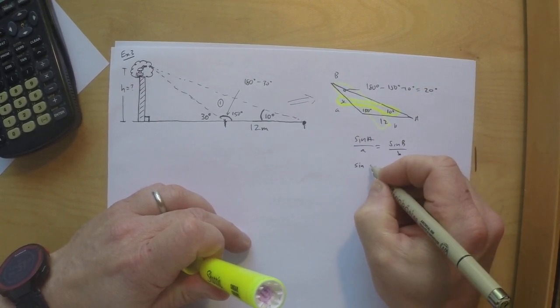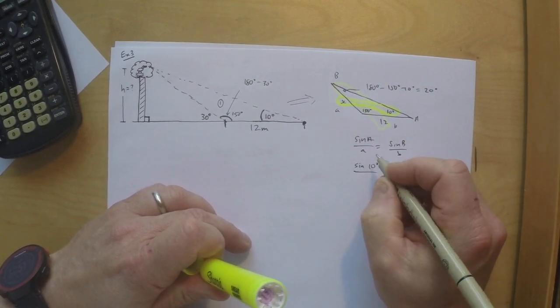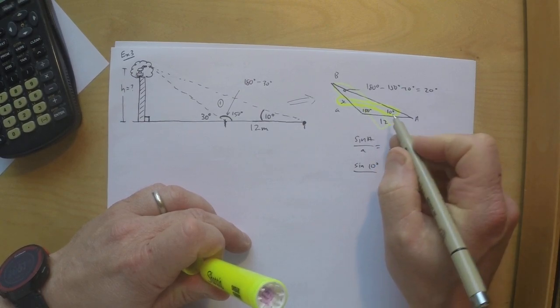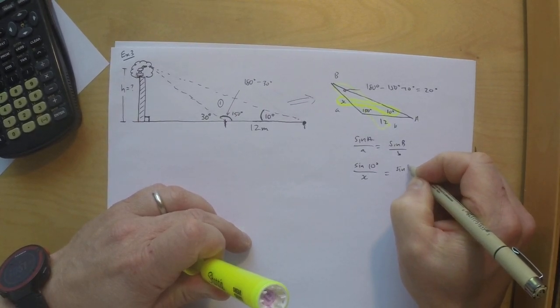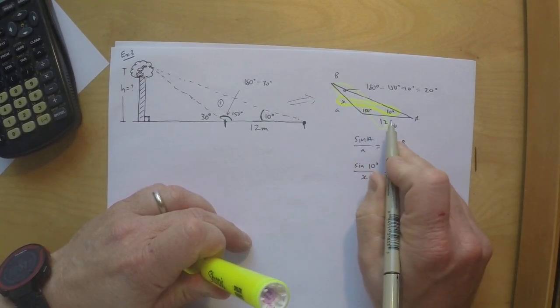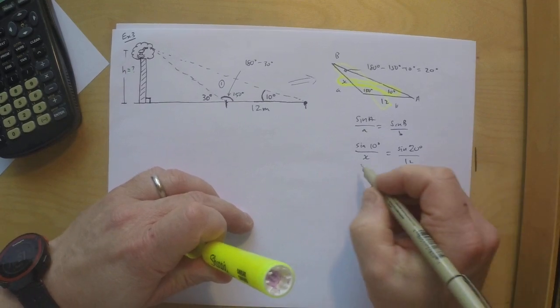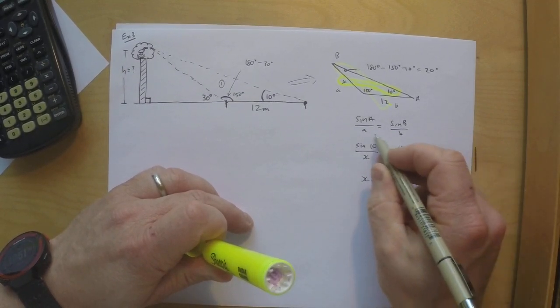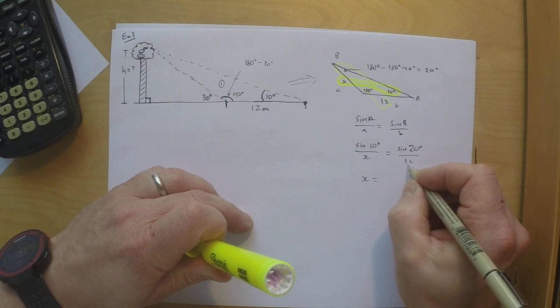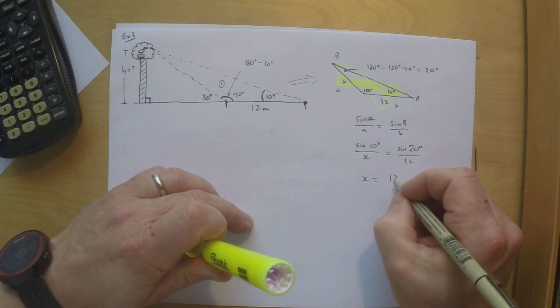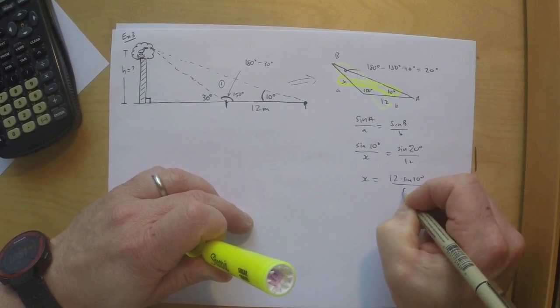So sine of 10 degrees divided by x, because that's my little a, is equal to sine of 20 degrees across from the 12. Cross multiply, and you end up with x equals 12 times sine 10 divided by sine 20.